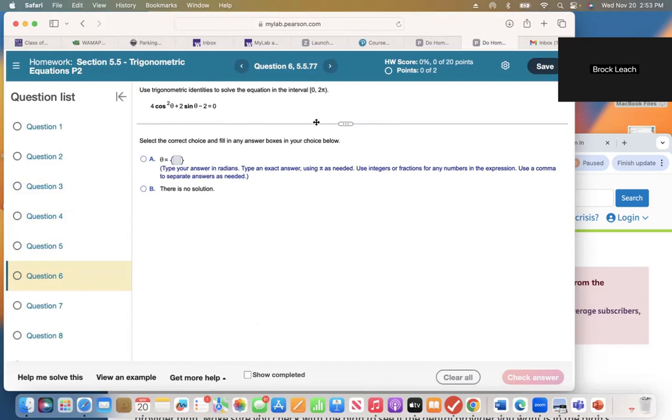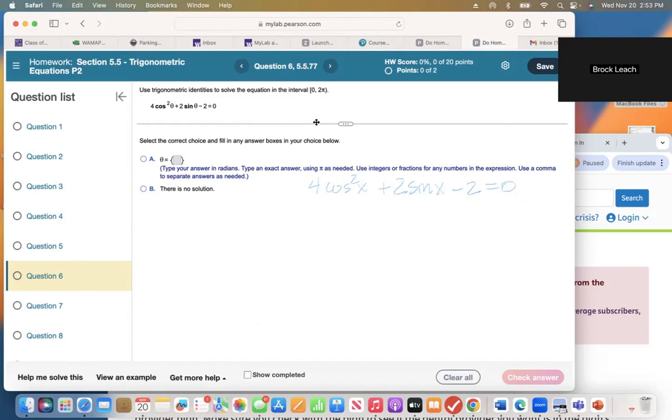Let me write this out: 4 cosine squared x plus 2 sine x minus 2 equals 0.